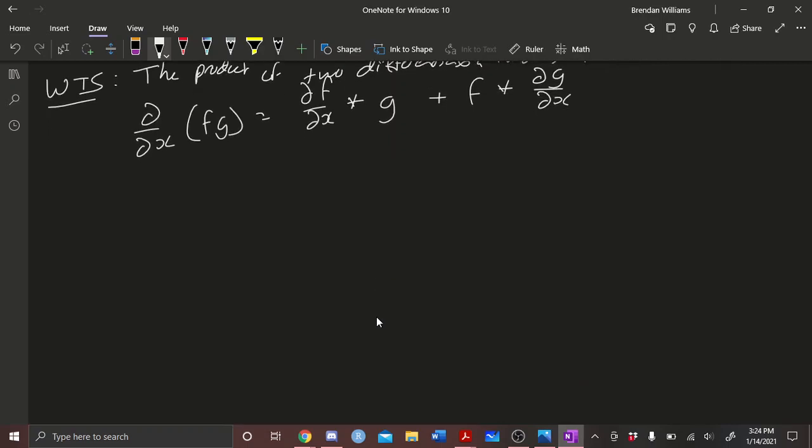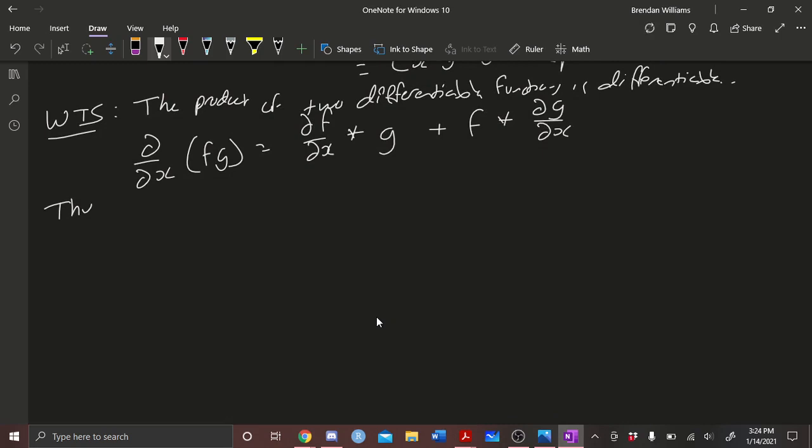But this establishes that all derivatives of all orders exist, because we can just keep repeating this formula, and we'll keep getting sums and products of differentiable functions. And we can also see that it's continuous because each of these is continuous, and we know that the sum and product of continuous functions is continuous.